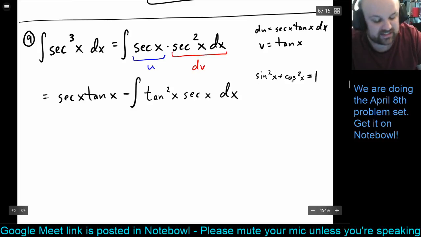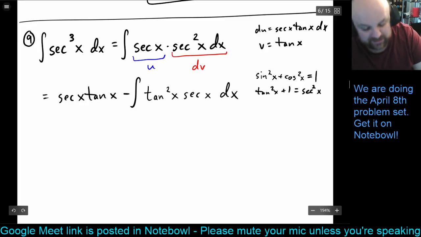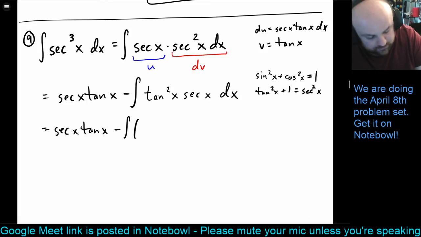If I take this identity and I divide it by cosine squared, I get tangent squared of x plus 1 equals secant squared of x, which means that this integral turns into integral of secant squared x minus 1 times secant of x dx.